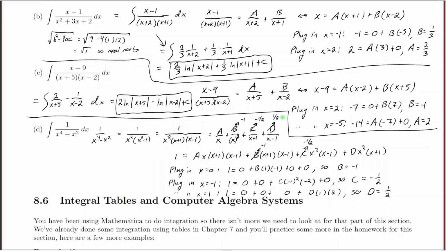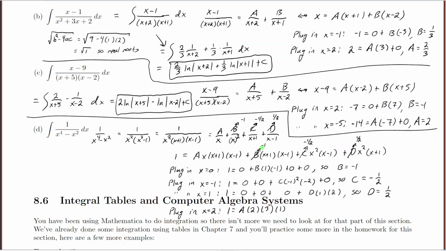And I need one last value. I said I was probably going to plug in x equals 2. That'll allow me to solve for a, now that I know these constants. And given that I have this 1/2 here and over here, that makes me even more inclined. I'm just going to put this down here to plug in x equals 2. Should get some cancellations with the 1/2s that we're seeing there. So 1 is equal to a times 2 times 3 times 1, just going through each of those factors.